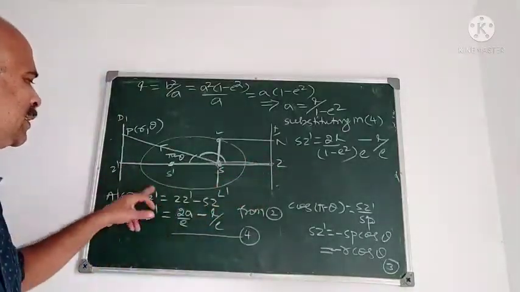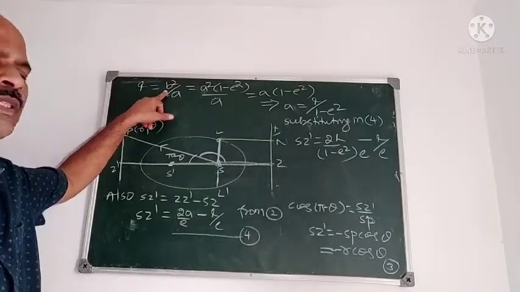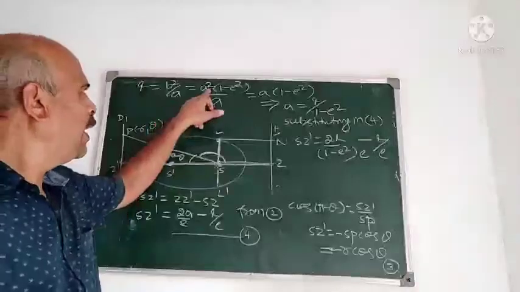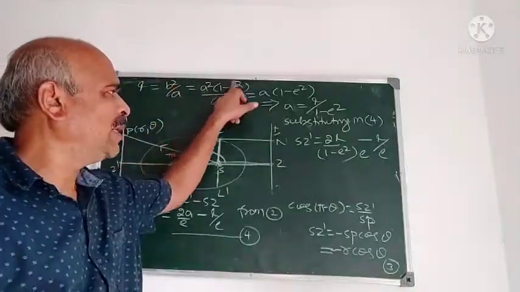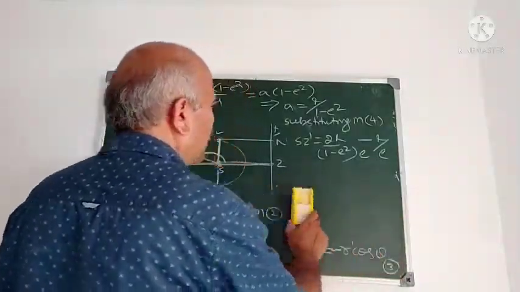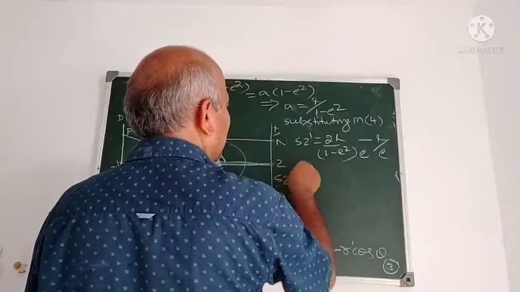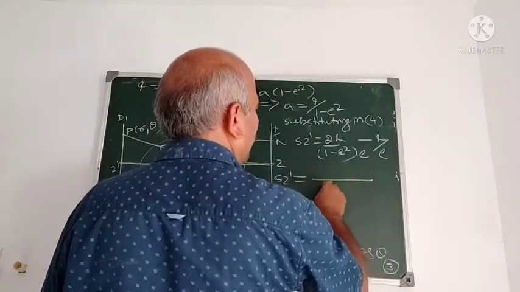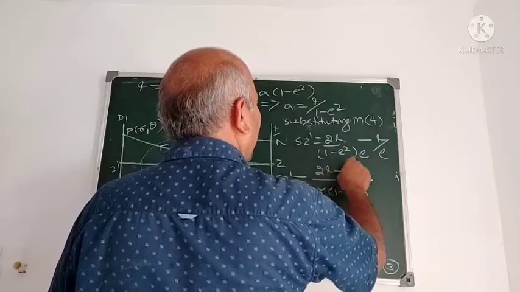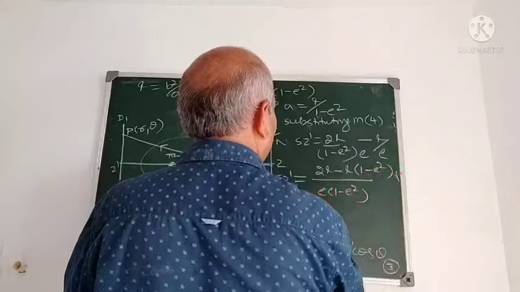The distance between the directrices is 2a by e, and the length of the latus rectum is 2b square by a. So the semi-latus rectum is b square by a, and b square is a square into 1 minus e square. Such results I have used here. Now, SZ dash is this. I simplify this. What is the LCM? e into 1 minus e square, with numerator 2l minus l into 1 minus e square.